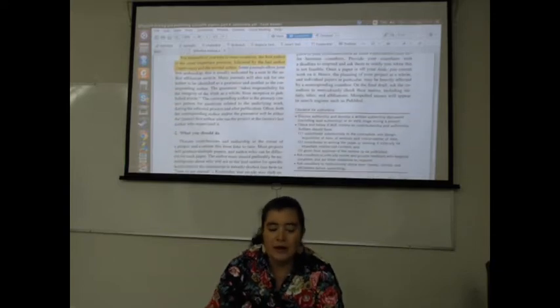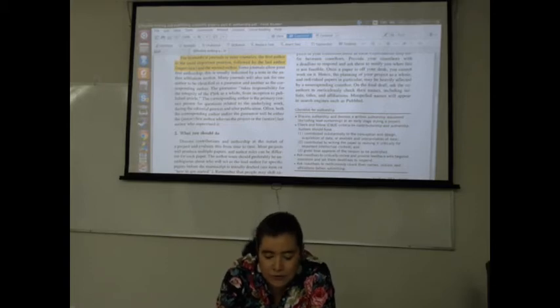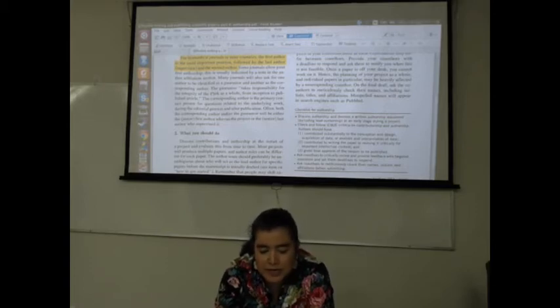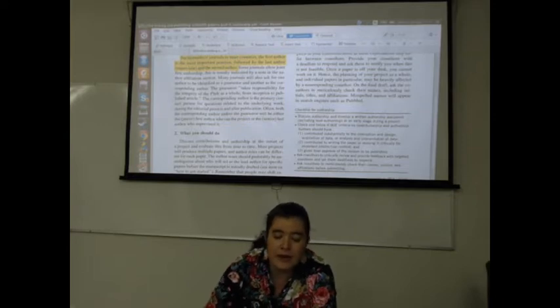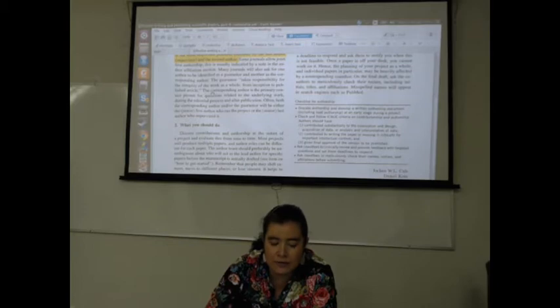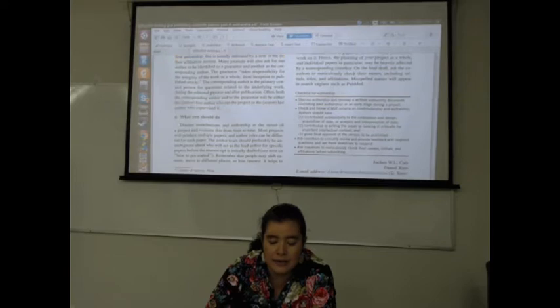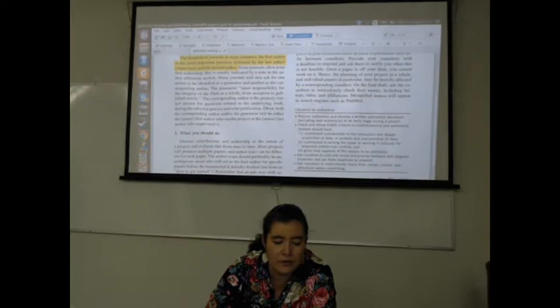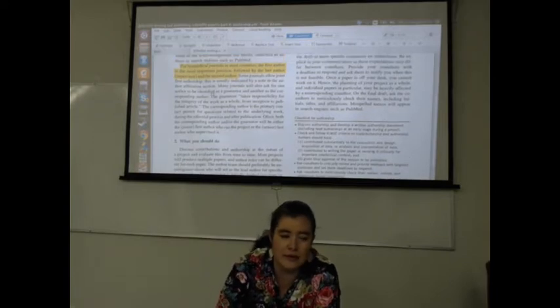An author should have contributed substantially to the conception and design, acquisition of data, or analysis and interpretation of data. The author has to have contributed to writing the paper or revising it critically for important intellectual content, and given final approval of the version to be published.